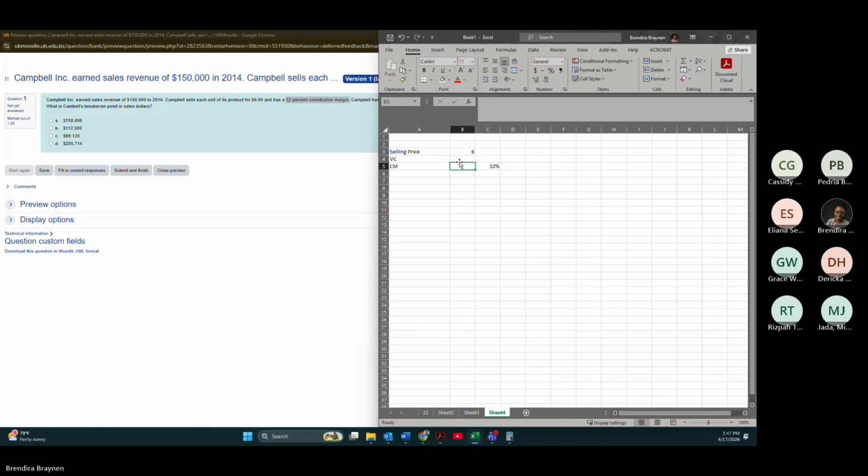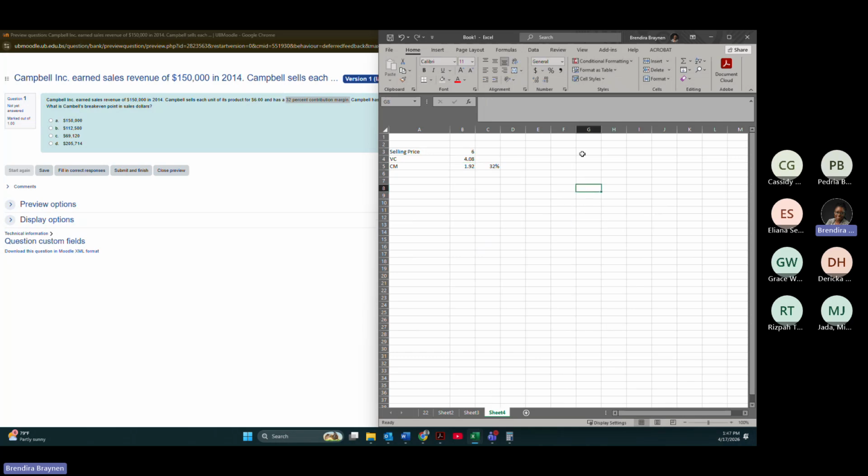So if it's 6 times 32%, that means $1.92 is what the contribution margin is. The variable cost should be the difference between the two because 6 minus blank gives me 1.92. So I just need to say 6 minus.